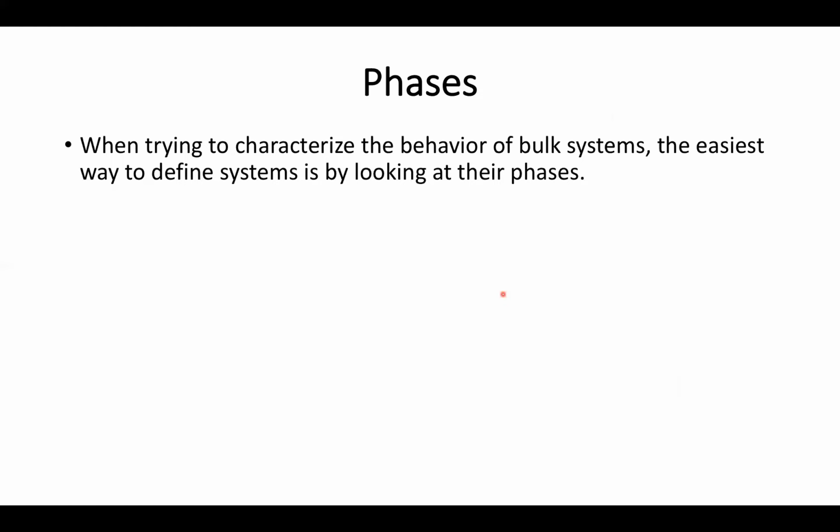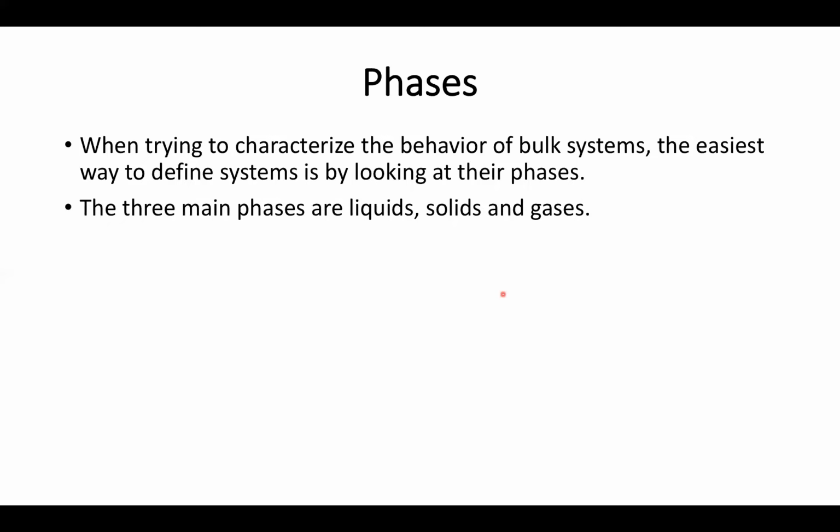These can be things like phases. If I'm going to build up an equation of state for a system, I'm often first going to need to define something such as its phase. The three major phases we're going to be talking a lot about this semester are liquids, solids, and gases.